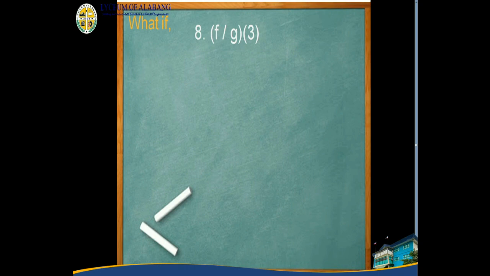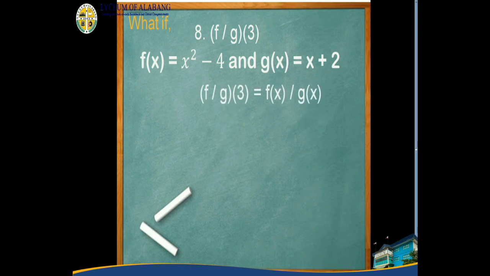Number 8. Evaluate the function f divide g of 3, where f of x is equal to x squared minus 4 and g of x is equal to x plus 2. The notation of the function f with g is f divide g of 3 is equal to f of x divide g of x.